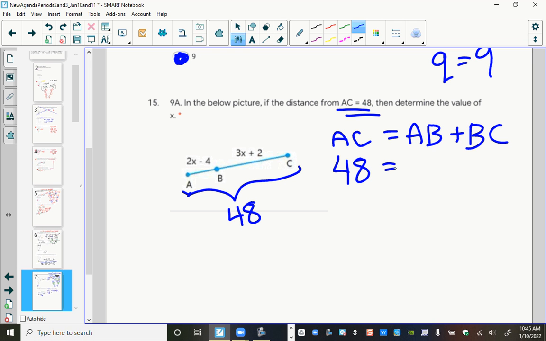No. But do we have an expression for AB? 2x minus 4. So AB is 2x minus 4, plus, well, do we know the expression for BC? 3x plus 2.